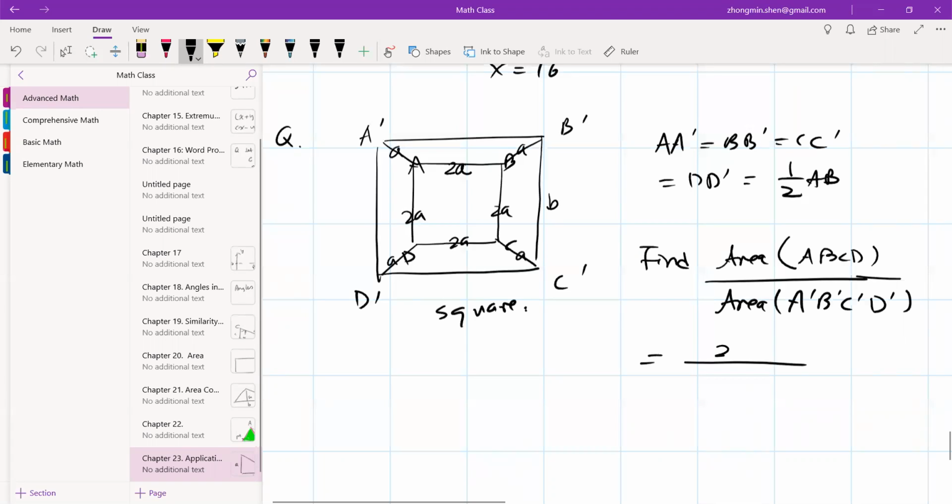So this will be 2A squared over B squared, right? You have to find A squared over B squared. Find the relationship between A and B.